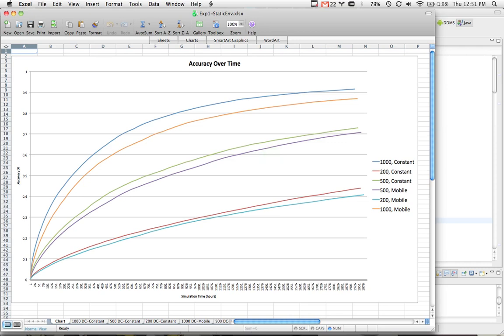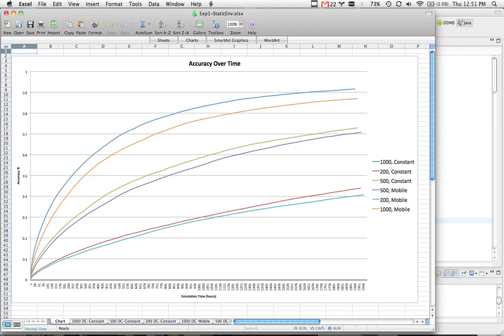Let's see, we'll start off with this one. Essentially this is for a static network. On the left side is the accuracy, and at the bottom is the simulation time in hours. We're around 1,400 hours, so about at the 3/4 mark there. That simulates around 2 months of time.